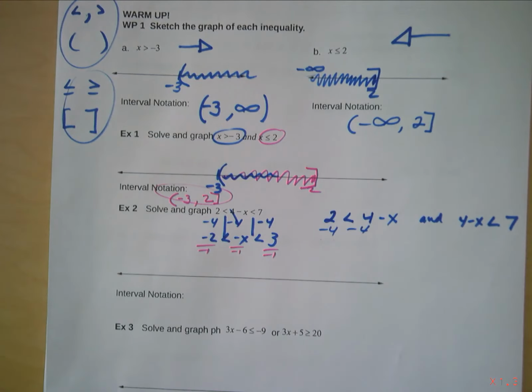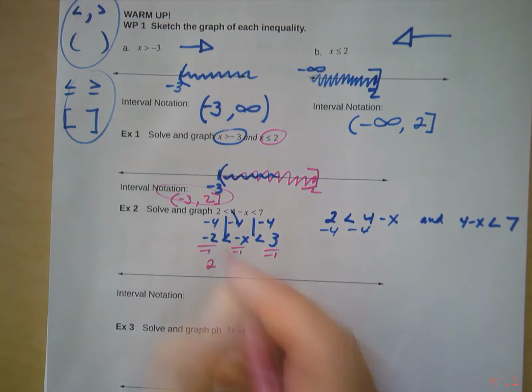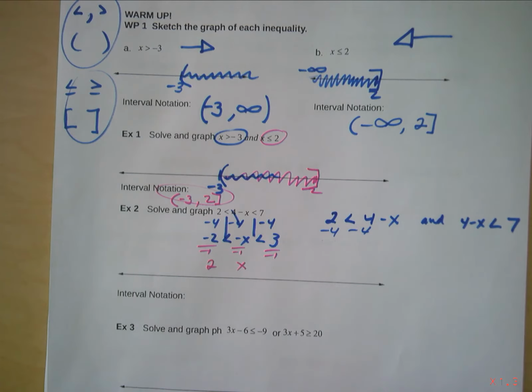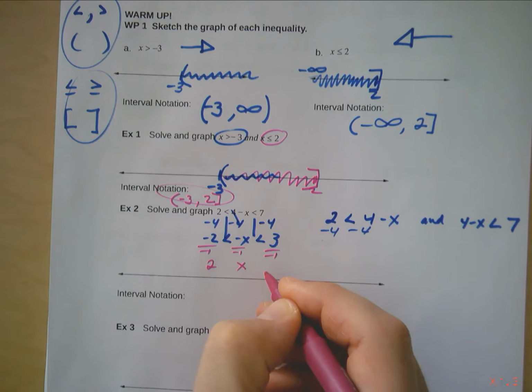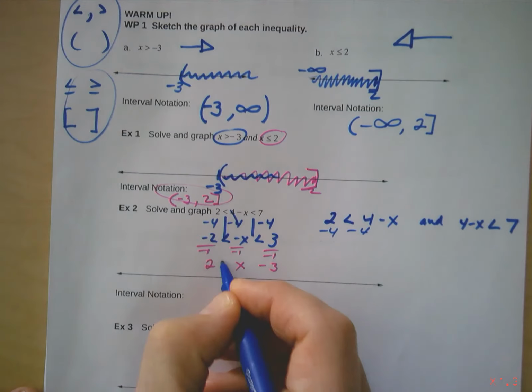So I end up with negative 2 divided by negative 1 is 2. This turns into x. And 3 divided by negative 1 is negative 3. Now, does anybody remember what we have to do when we divide by a negative with inequalities? Yeah, these less thans are now going to be greater thans.